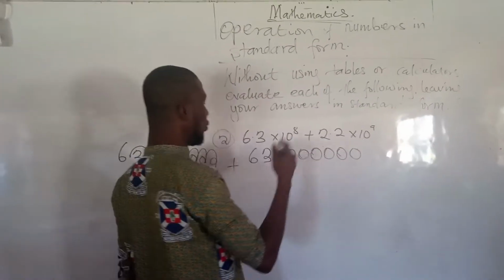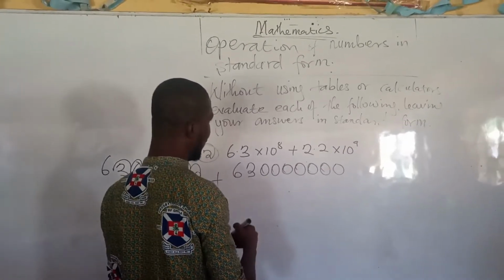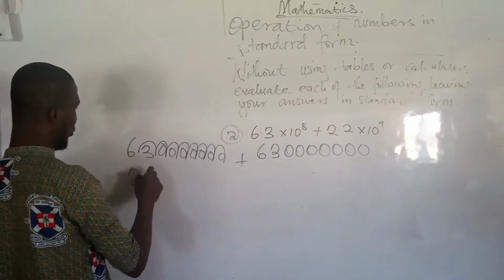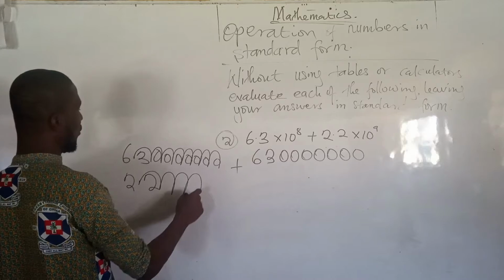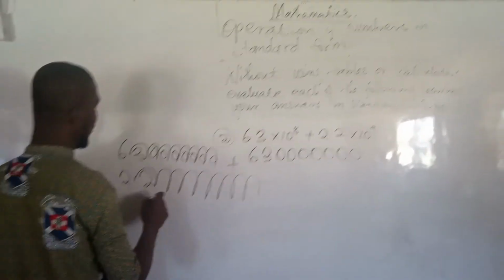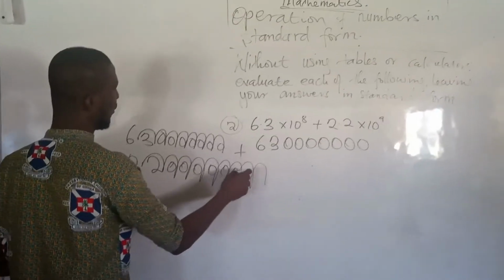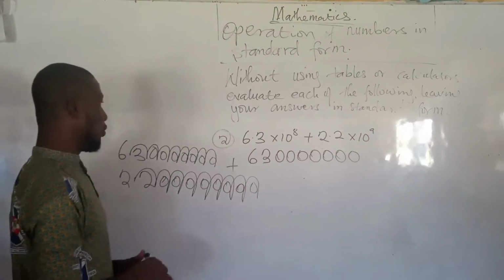So it will give us 2.2, then we move 1, 2, 3, 4, 5, 6, 7, 8, 9. And that will give us 2, 2 plus 8 zeros: 1, 2, 3, 4, 5, 6, 7, 8. So 8 zeros for this one.